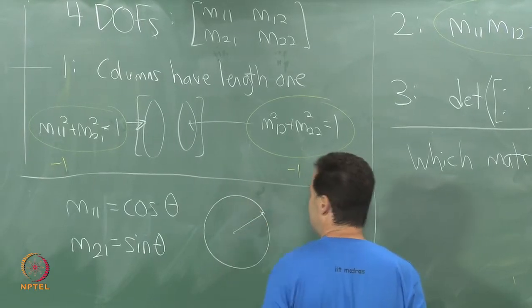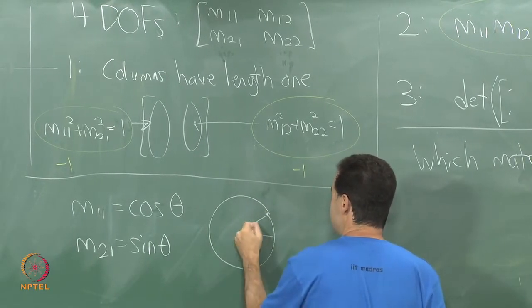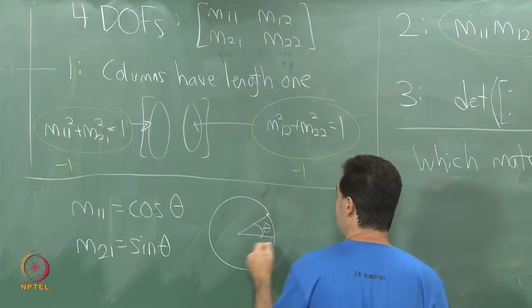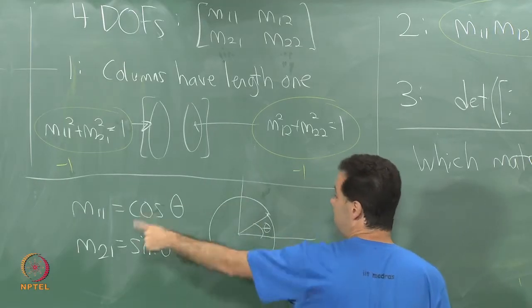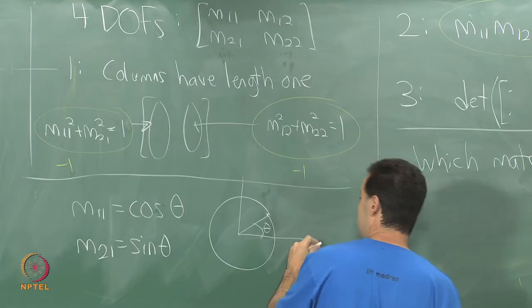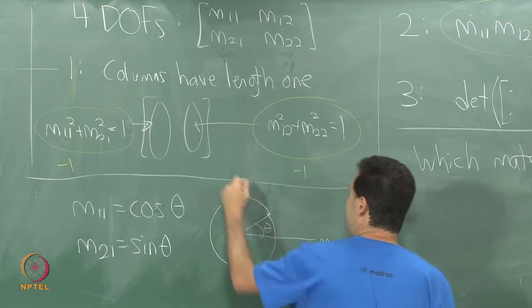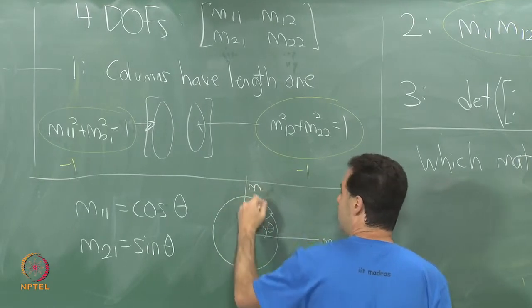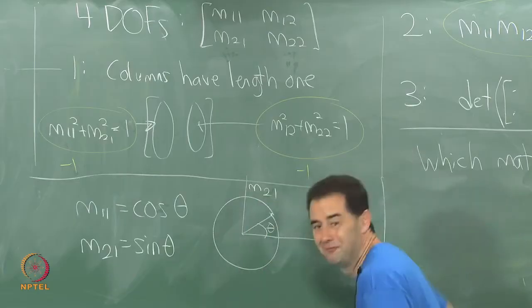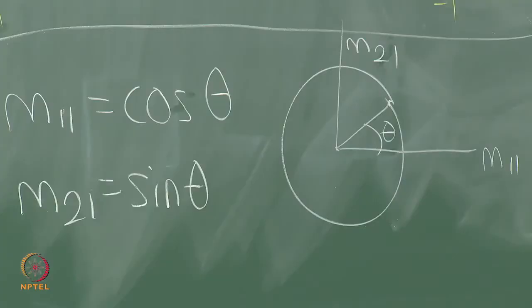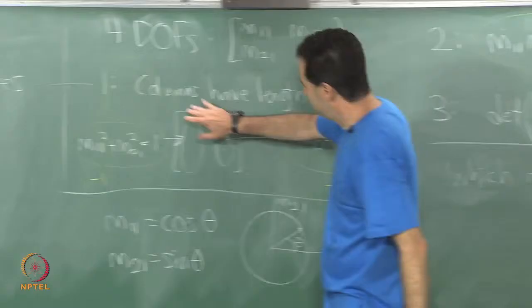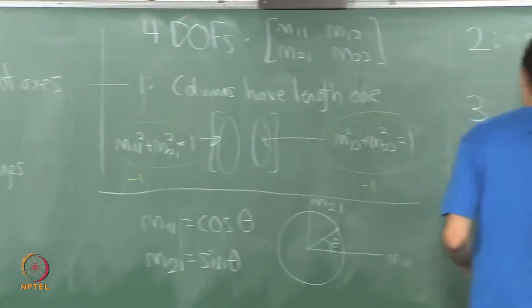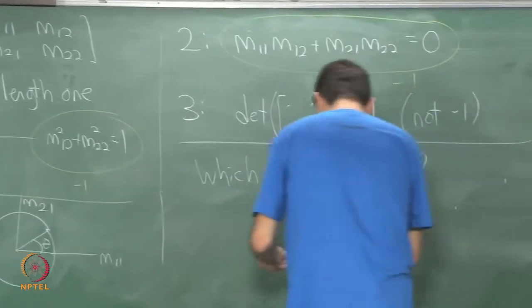So I have the standard parameterization of the unit circle, some amount theta. My coordinate system in this particular case is the m11 axis and the m21 axis. Right, so that's all I've done. I'm just taking the first column here and showing that you can parameterize it nicely as a circle.